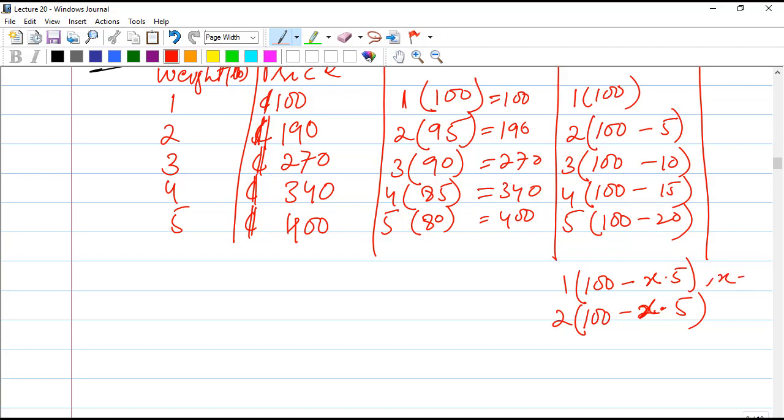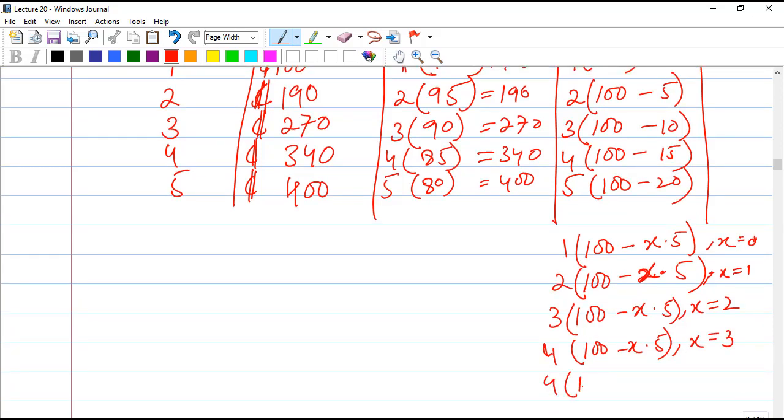Here x should be 0, here x should be 1, and then 300 minus x dot 5 for x equal to 2, and then 400 minus x dot 5 for x equal to 3, and 4 into 100 minus x dot 5, here x should be 4.